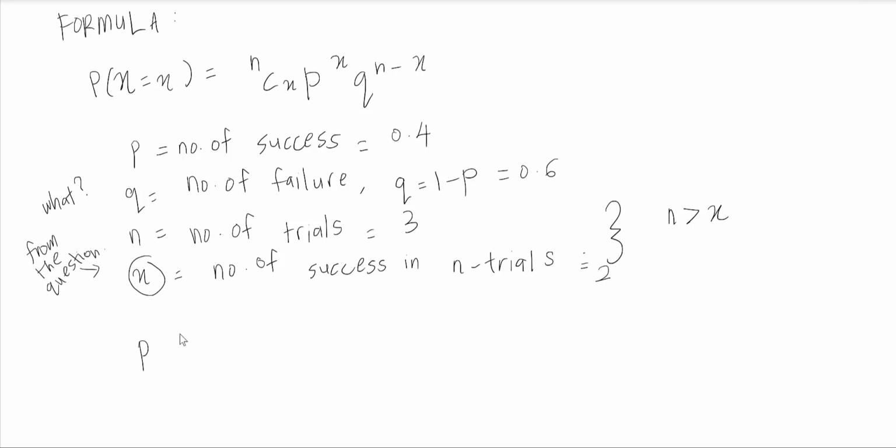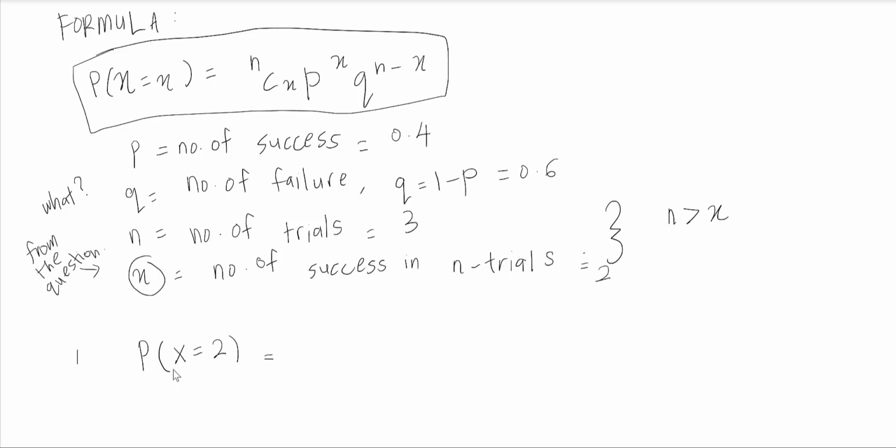Now we want to find the probability when x is equal to 2. We have to use this formula. We want to find P(X = 2), with n equal to 3, so we have the combination 3C2, our p is 0.4 to the power 2, our q is 0.6 to the power 3 minus 2.